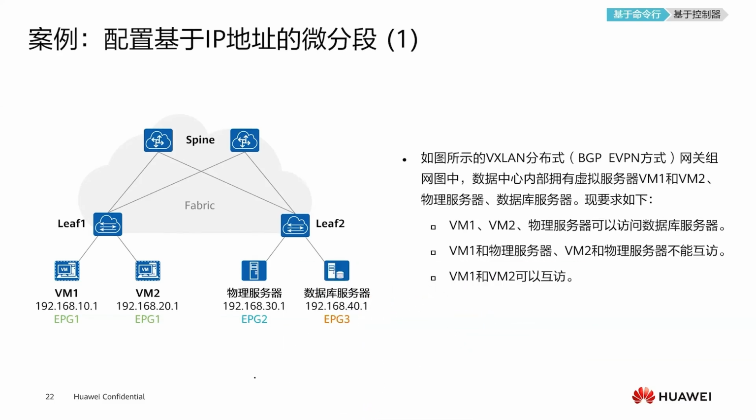However, VM1 and the physical server, VM2 and the physical server, should not be able to access each other. That is, EPG1 and the physical servers shouldn't be able to interact. So, we need to define that they should not interact between groups, but VM1 and VM2 can interact. Therefore, we must define that they cannot interact between groups.